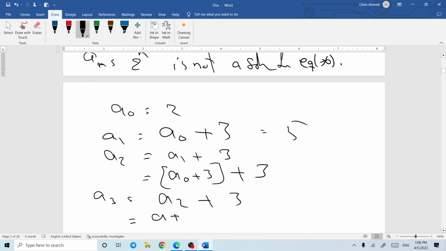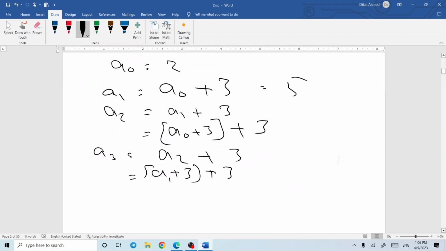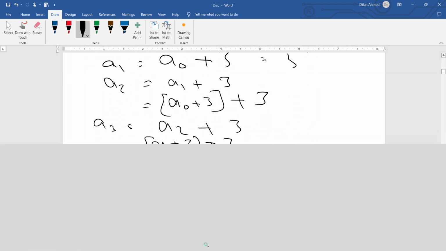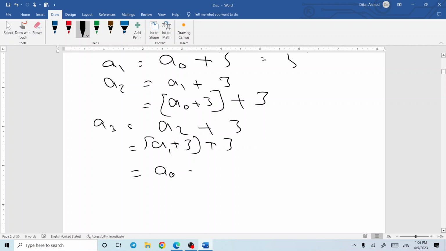a_2 can be written as a_0 plus 3 plus 3. Am I right? Plus 3 plus 3. When somebody talks to me it means he is aware, so kindly repeat it.